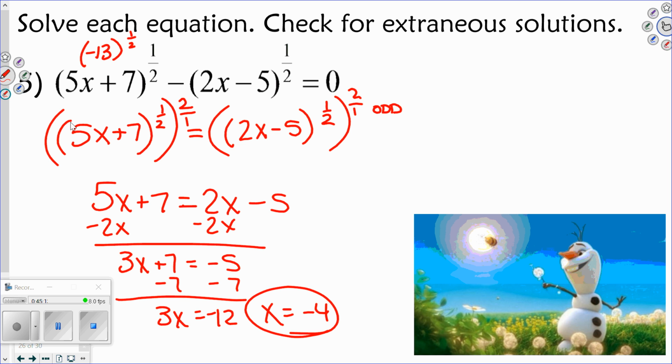Your calculator doesn't handle imaginary well, because this means the square root of -13. But hold on, what does this one give me? What's 2 times -4 minus 5? This is also -13 to the 1/2. If I take this, which would be what, i radical 13 minus i radical 13, do I get 0?